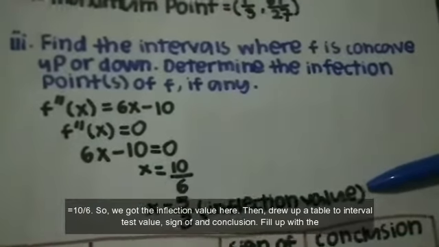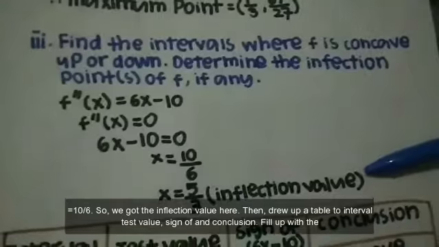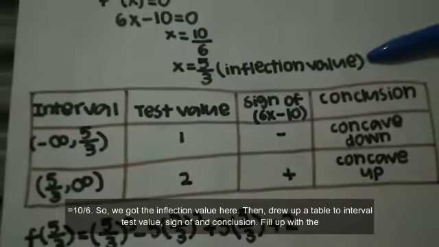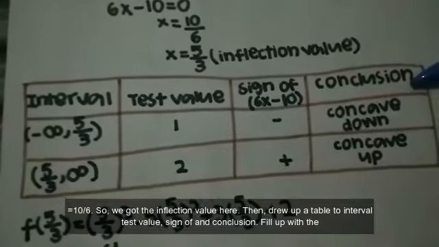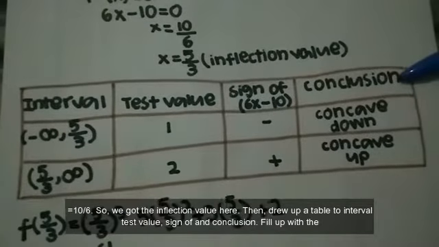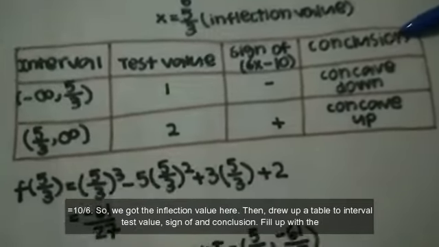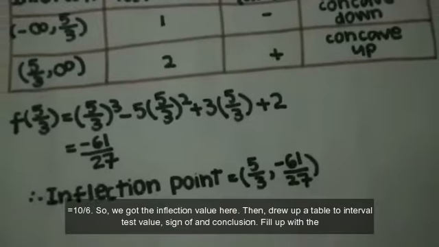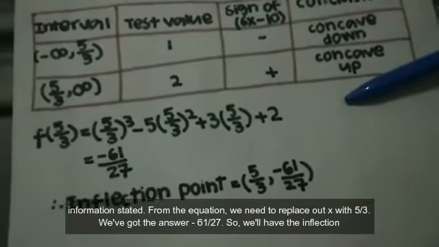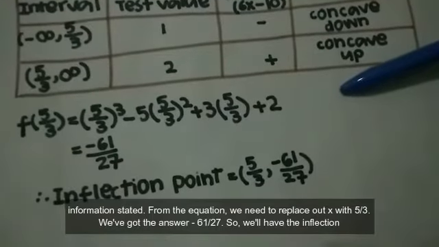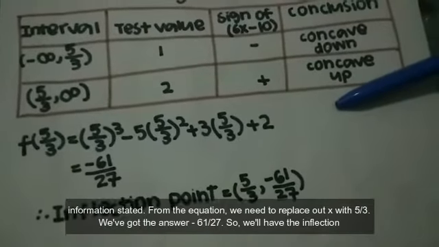Then draw up the table with interval, test value, sign, and conclusion. For the first row, we will have negative infinity to 5/3. For the second row, we will have 5/3 to infinity. Then fill up the test value, sign, and conclusion. All the information has been stated in here.